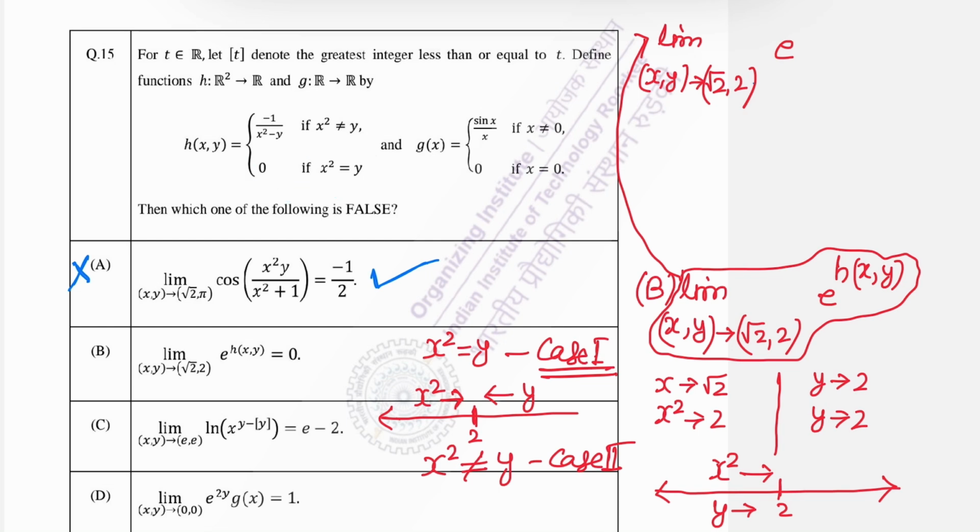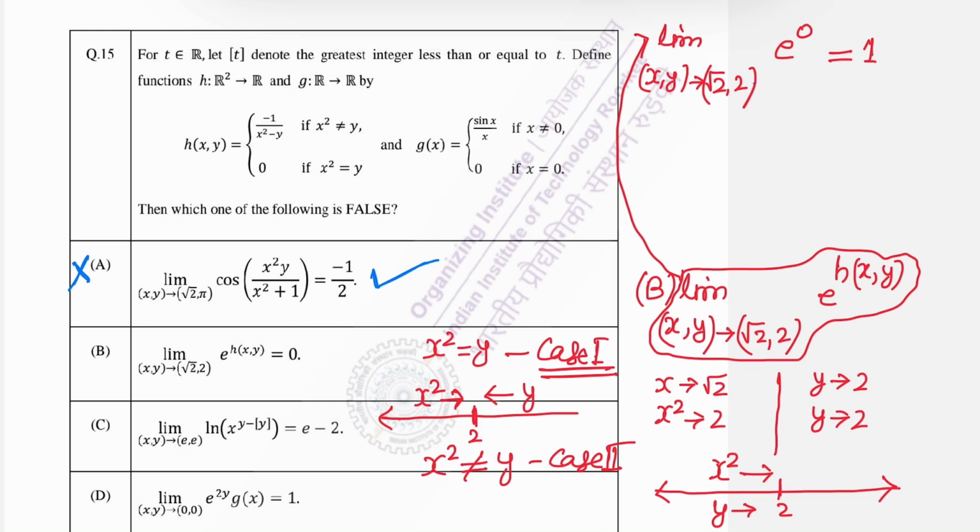So I place accordingly here, at the place of this hxy I put 0. Okay, so here will be e to the power 0, and you know this is 1. Okay, so you see we are not getting the value 0.